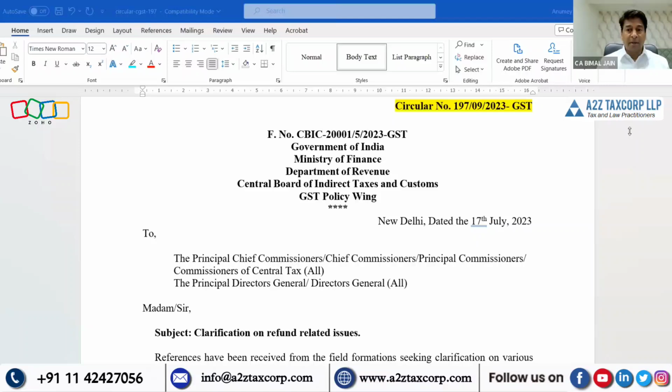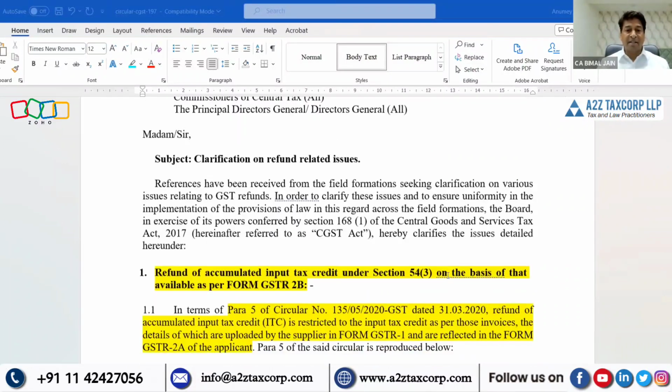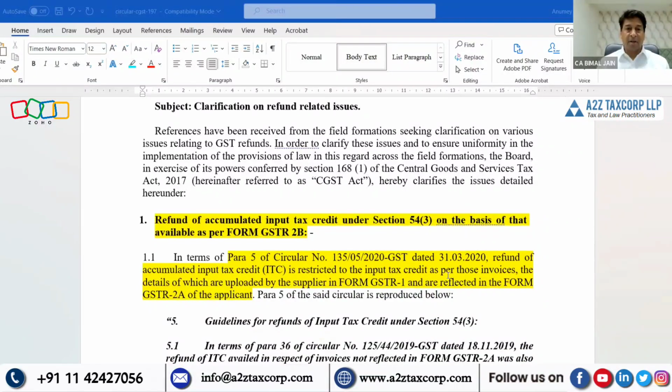Now look at this circular, and the circular is 197, as I have said. The first point in this circular is the reference of 2B. We know under section 54 subsection 3 that the refund of input tax credit pertaining to input and input services on zero rated supply.